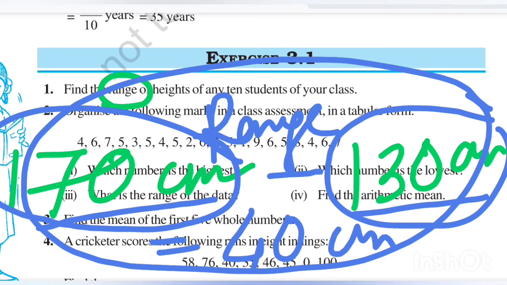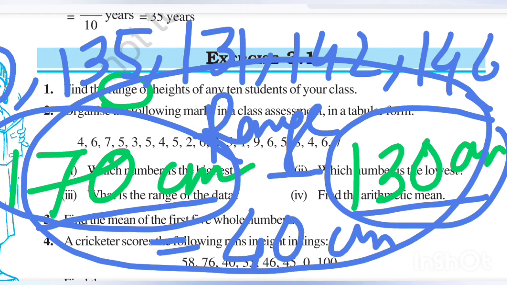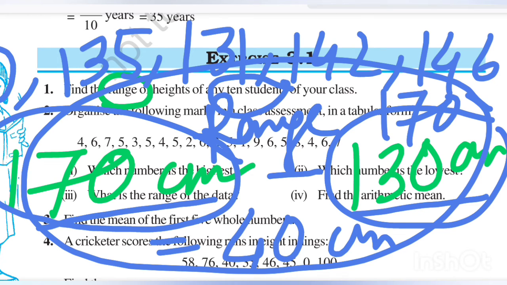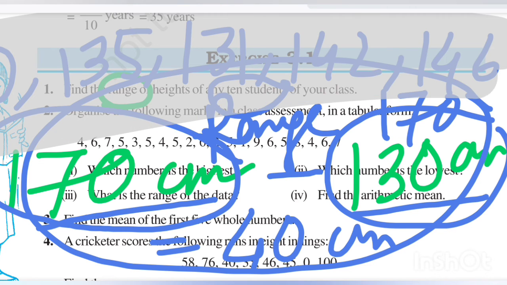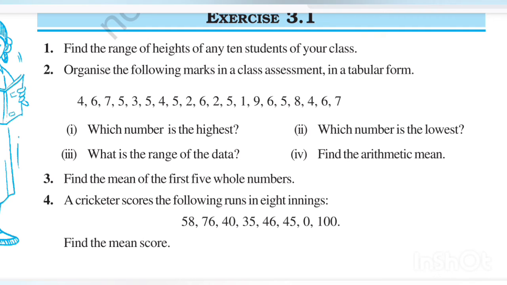Suppose I write 130 only, then the others might be greater than 130: 135, then 131, then 142, then 146, anything you can assume. But there must be 10 observations, and the greatest number must not exceed 170. So how to find the range of it? The range will be the subtraction of the greatest height and the smallest height of those 10 students.